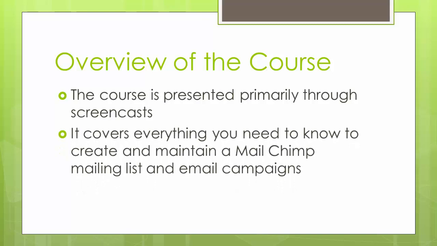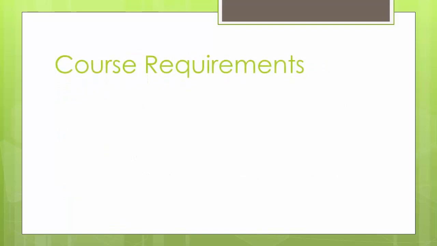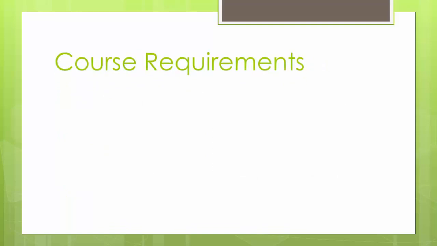This course covers everything you need to create and maintain MailChimp mailing lists and the email campaigns that you're going to use based on those mailing lists. And the course is simple to follow. Next, let's talk about the requirements. The course requirements are minimal. Here's what you need.